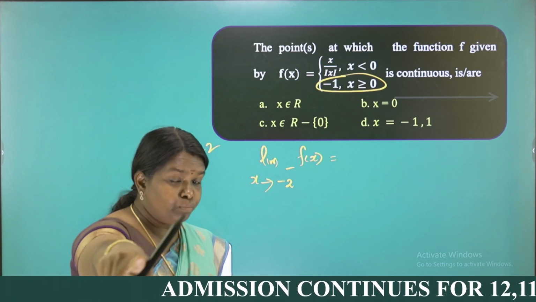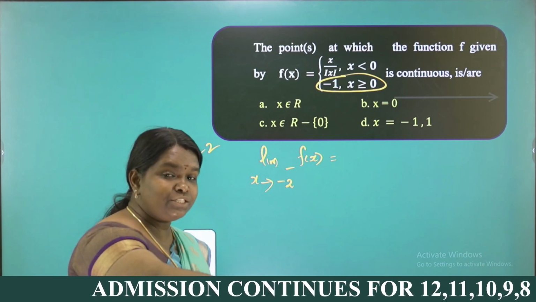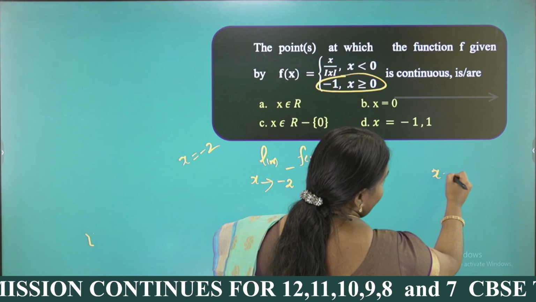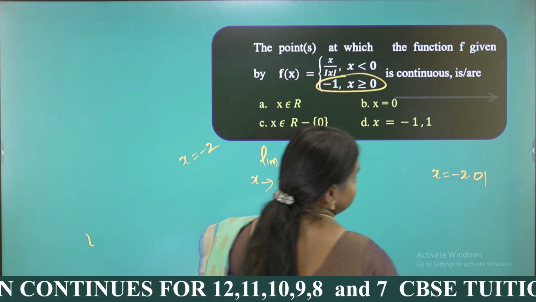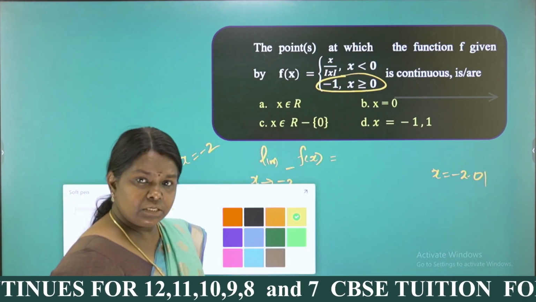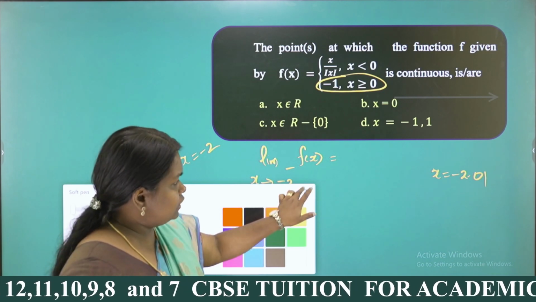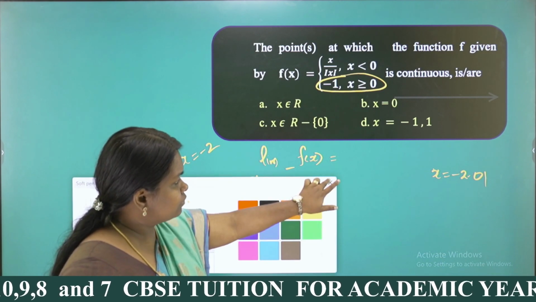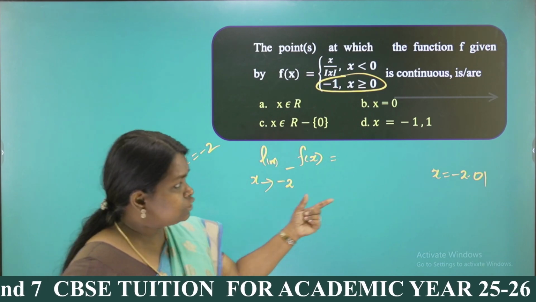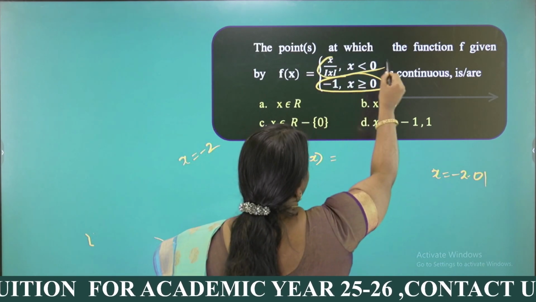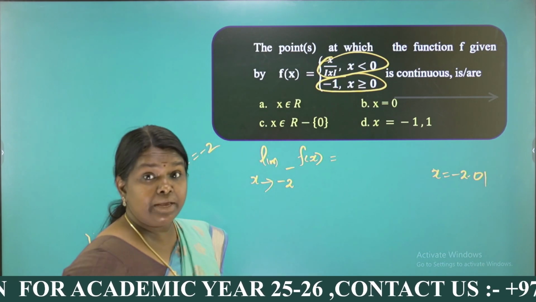Minus 2 minus means it's close to minus 2 but on the left side of minus 2, like your x value will be minus 2.01 something. It's less than minus 2 but very close to minus 2. So my answer will be, minus 2.01, where is it coming, dears? It's coming over here, x by mod x.